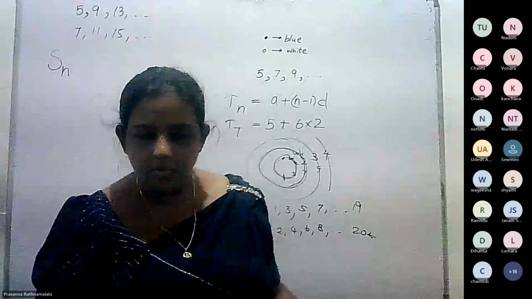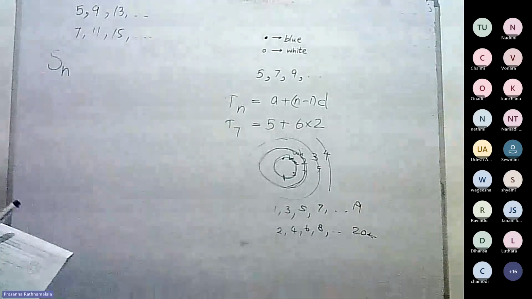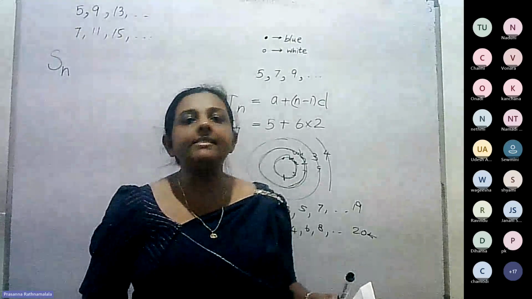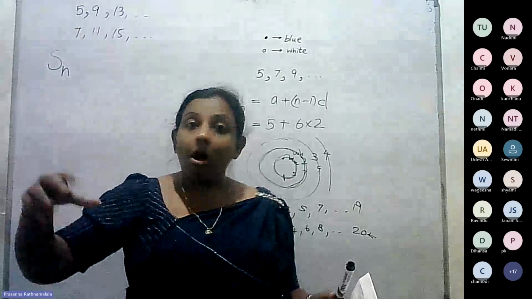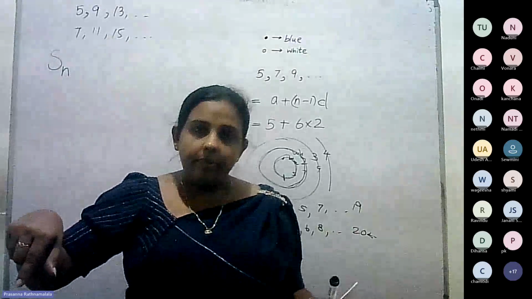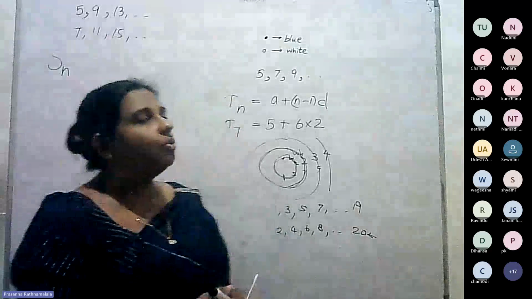Right. Then you use the formula Sn to find the sum of the students in those circles. We have to find the sum, the total number of students.